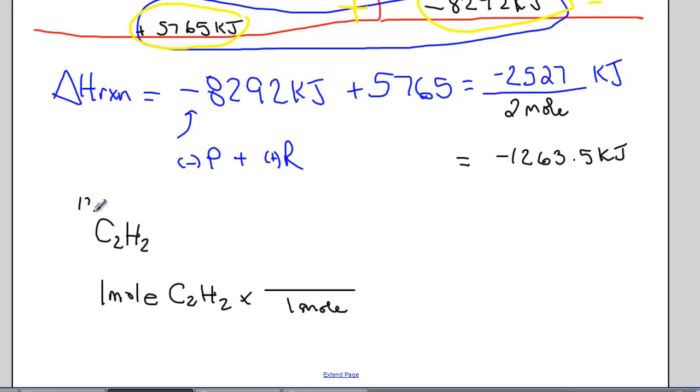So carbon has an atomic weight of 12, but there's 2 of them in this formula. Plus, hydrogen has an atomic weight of 1, and there's 2 of them in this formula. The sum of 12 times 2 plus 1 times 2 is 26. The molar mass is 26 grams per mole.